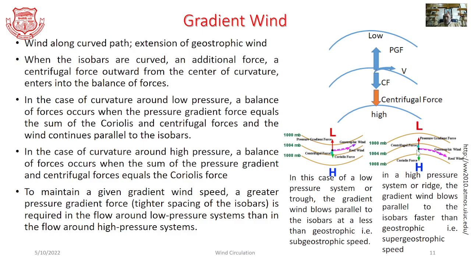However, in high pressure systems, the balance of the forces occurs when the sum of pressure gradient force and centrifugal force equals the Coriolis force. To maintain the given gradient wind speed, a greater pressure gradient force is required in the flow around the low pressure system as compared to high pressure systems.